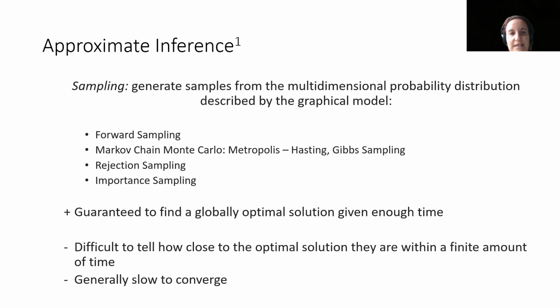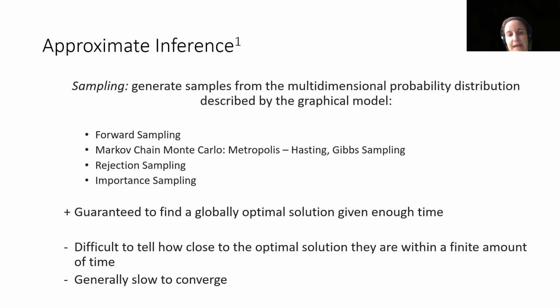Once you have a multidimensional probability distribution, that means a probability distribution with a large number of variables, you can sample from it. There exist different algorithms to sample these kinds of distributions: forward sampling, rejection sampling, the simplest one, importance sampling, and the most general one, the family of Markov chain Monte Carlo, like Metropolis Hastings or Gibbs sampling.